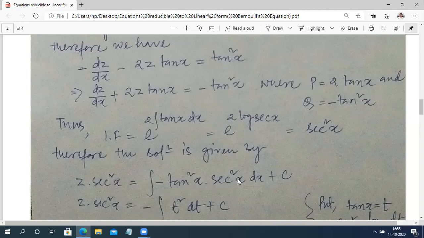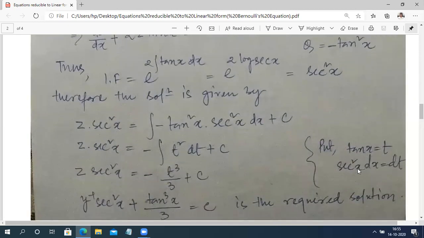That means if you substitute tan x is equal to t, then sec square x dx will be dt. So this is minus of t square dt. Clear? So integrate it with respect to t, it will be t cube by 3 plus c.